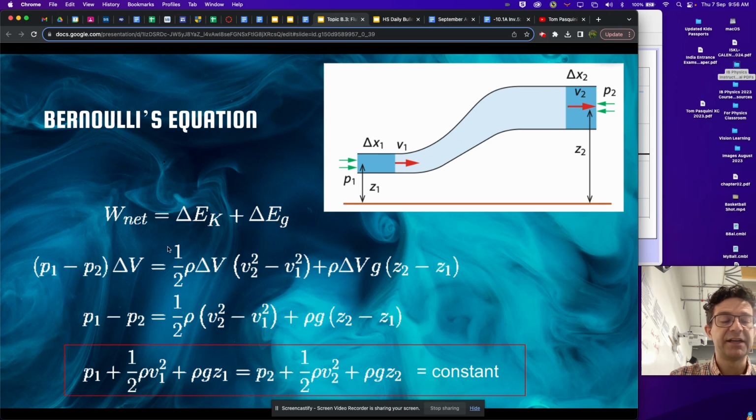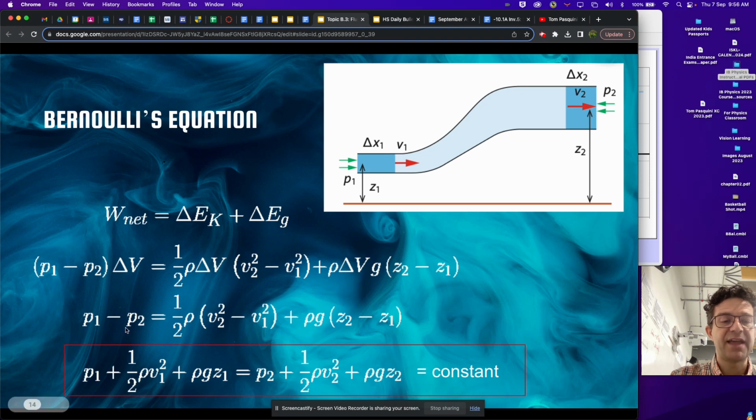Now, the cool thing is here, in this energy expression, because we're working with a fluid, we prefer not to have a specific volume, but we think about any volume. So we have a volume in the first term, the net work being done. We have a volume in the second term, the change in kinetic energy, and a volume in the third term, the potential energy due to gravity. So we're going to cancel that out everywhere.